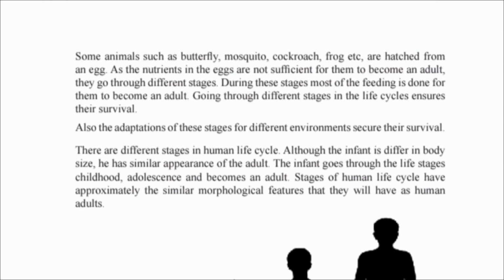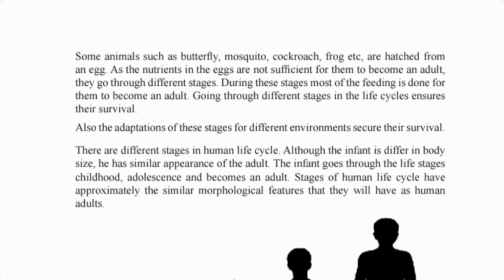Students, listen carefully. Some animals such as butterfly, mosquito, cockroach, frog are hatched from an egg. As the nutrients in the eggs are not sufficient for them, they go through different stages of life cycles.